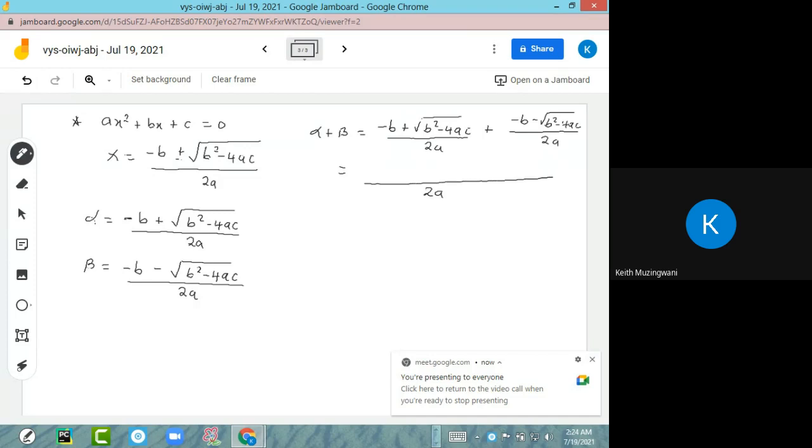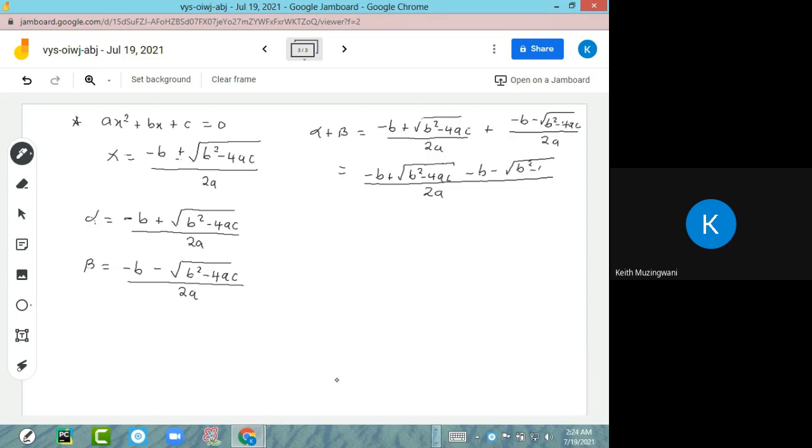On top we get negative b plus the root of b squared minus 4ac, and then negative b minus the root of b squared minus 4ac.